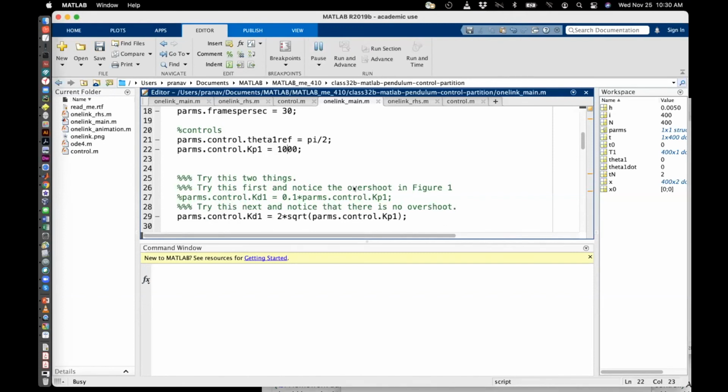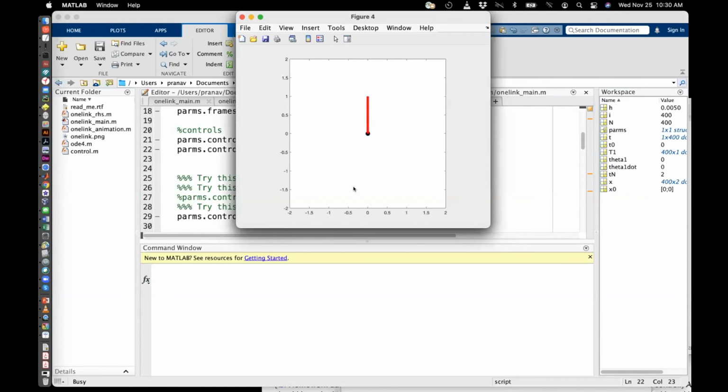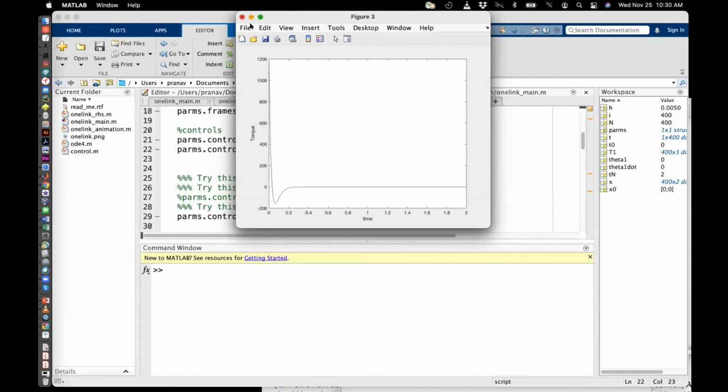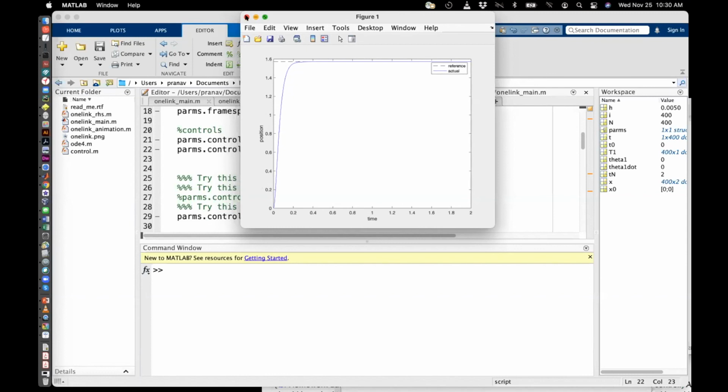So here is a gain of 1000. Okay, clearly, if you increase the gain, you're going to see a higher velocity, higher torque. But that's what you have to do if you want it to go much faster. And you can see it's less than 0.4, it's about 0.3 seconds. So really, control partitioning is a very simple way of tuning a controller. Very little hand tuning is required, and that's sort of a principled way of doing it.